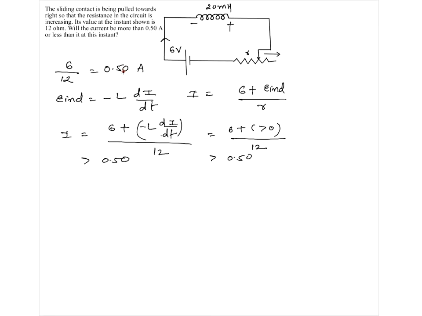But if you suddenly pull it to the right side, then at that instant the current will be more than 0.5, because it will be 6 plus some positive number, divided by 12, and that is obviously more than 0.5. So that sounds amazing, isn't it? If you increase the resistance, you expect the current to drop immediately. But instead of dropping, it is increasing. Slightly more than 0.5.